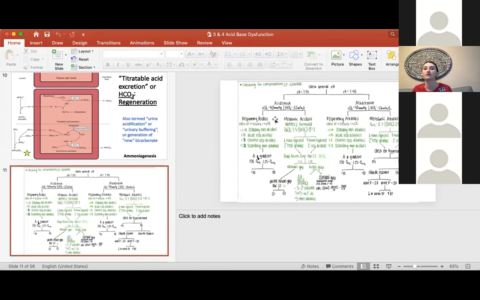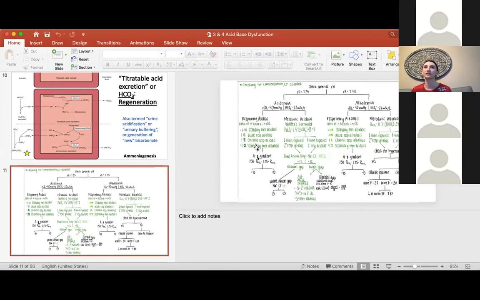From there, with a metabolic acidosis, you're going to do this Winter's formula, which we'll talk about, and you're going to calculate an anion gap. And then if the anion gap is high, you're going to calculate an osmolar gap and a delta-delta, which we'll talk about.